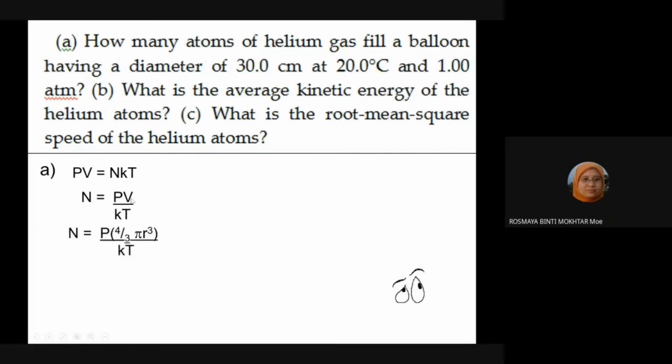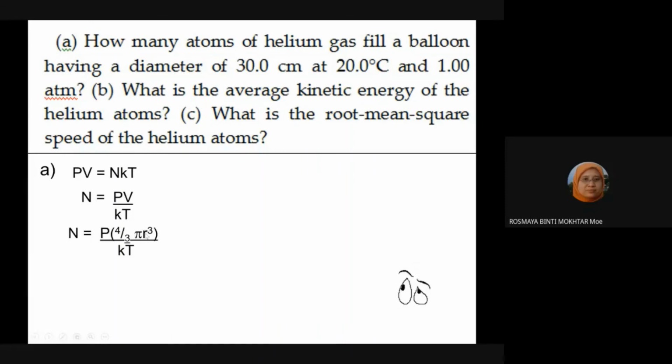For the volume, we assume that the balloon is a spherical shape. So we can use the equation 4 per 3 pi r cubed, the volume of a sphere.